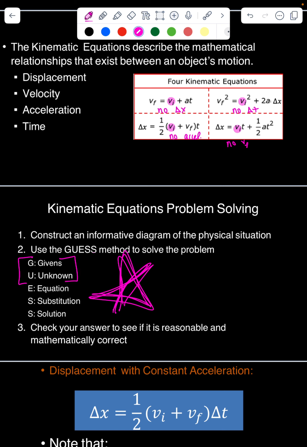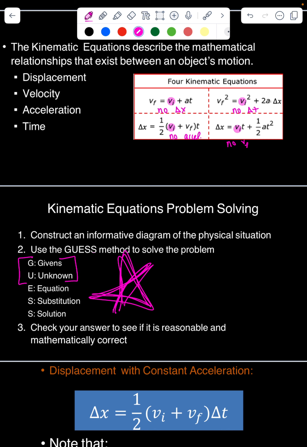If you do not write down your givens and what you're looking for, there is no way that you are going to know which equation to use. So it is super, super important that you are using our GUESS method.